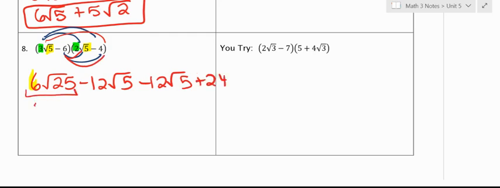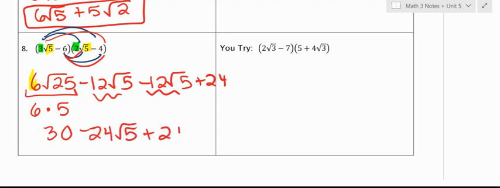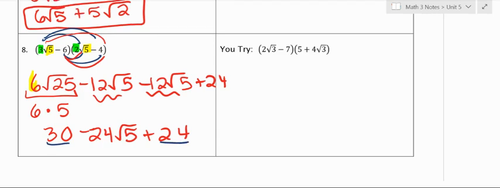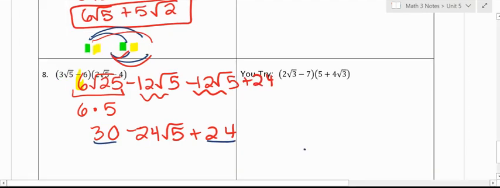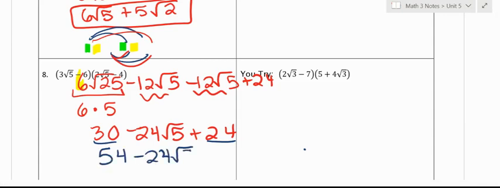This first one can simplify to 6 times 5, or 30. And then we got some like terms. And then finally, we can put the 24 and the 30 together. We would get this to be 54 minus 24 root 5. And that would be our final answer.